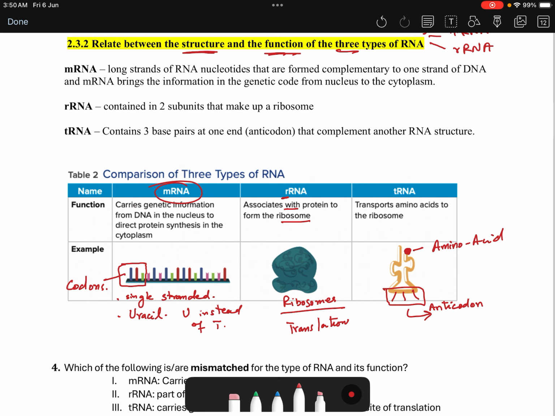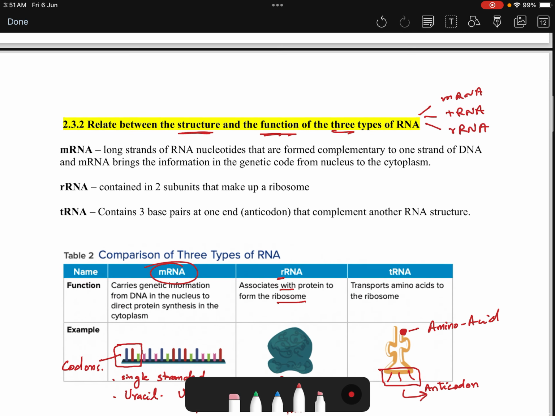Now what is the most important function? tRNA transports amino acids to the ribosomes. rRNA makes ribosomes, and mRNA carries the information from DNA, which was in the nucleus, to ribosomes, which are in the cytoplasm, for protein synthesis. These are the functions written on the top.